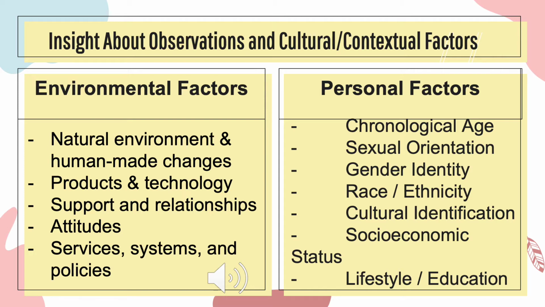The personal factors include chronological age, sexual orientation, gender identity, race and ethnicity, cultural identification and attitudes, social background, social status, and socioeconomic status, upbringing and life experiences, habits and past and current behavioral patterns, psychological assets, temperament, unique character traits and coping styles, education, profession and professional identity, lifestyle, and health conditions and fitness status.